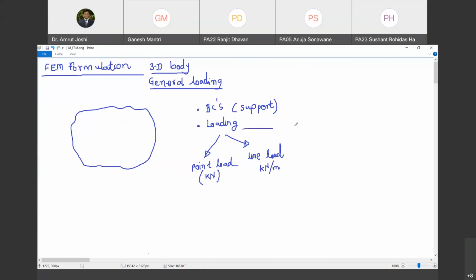Then we are going to have body loads. They have the unit of kilonewton per meter cube. And then we are going to have surface loads.